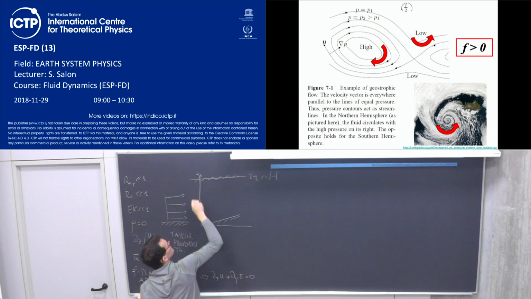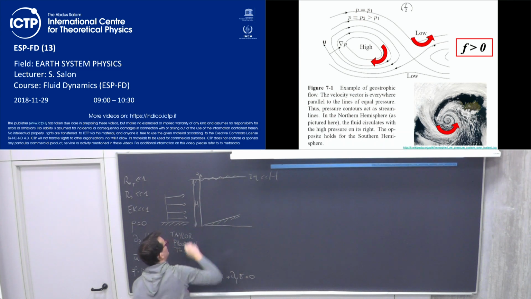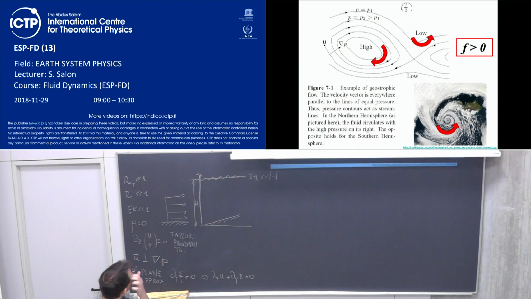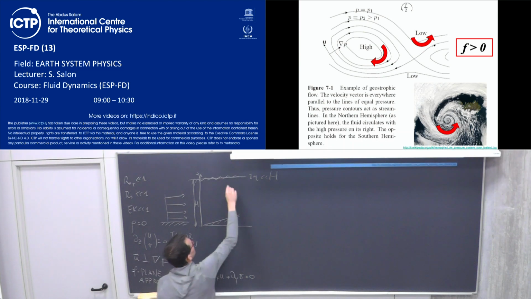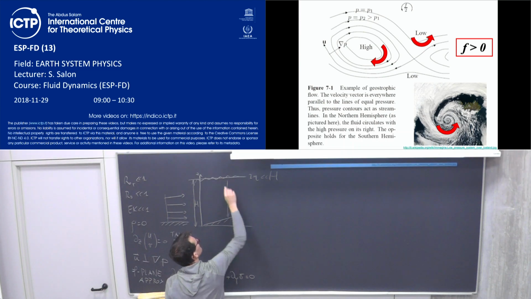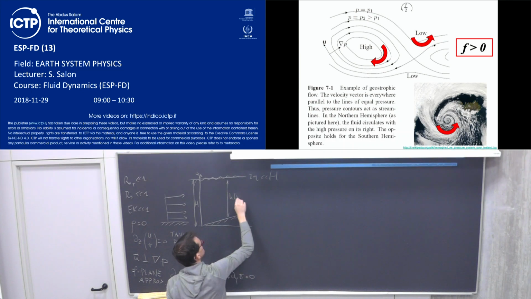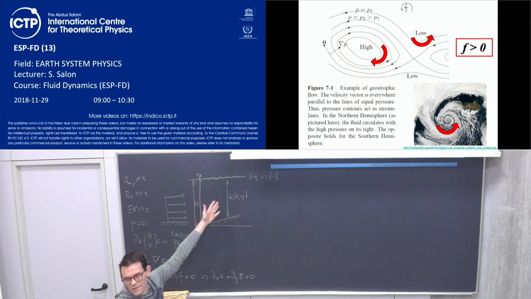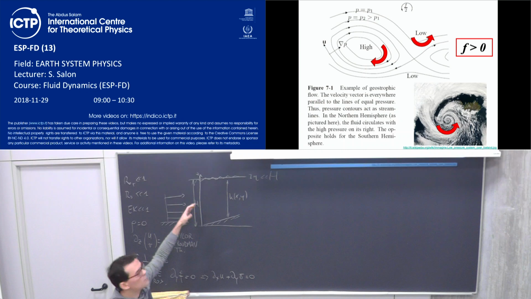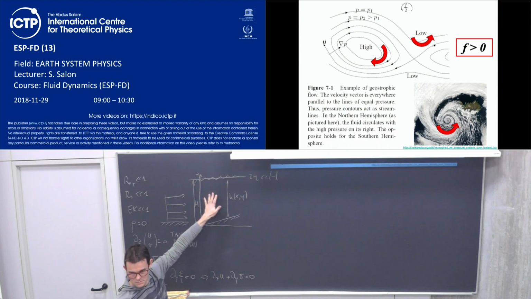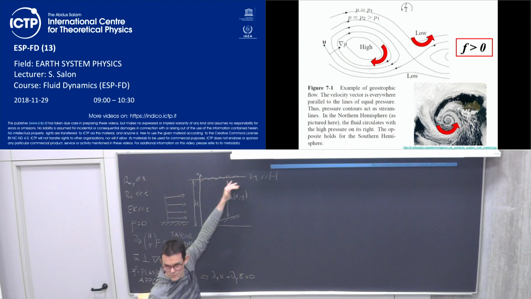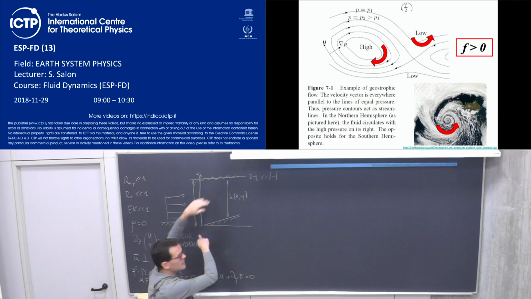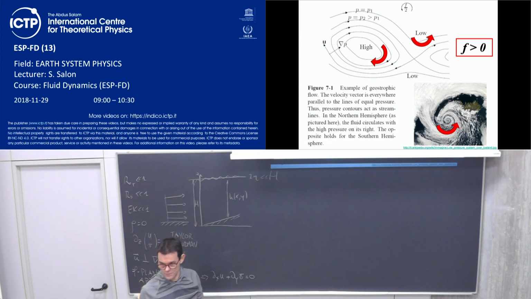This is z. This is capital H, the total height of our system, and this we can call h, with a small case, which is a function of x and y, which we can think of as a bathymetry. So we can think that this is the ocean, this is the surface of the ocean, this is the bathymetry, and this is the bottom of the ocean.